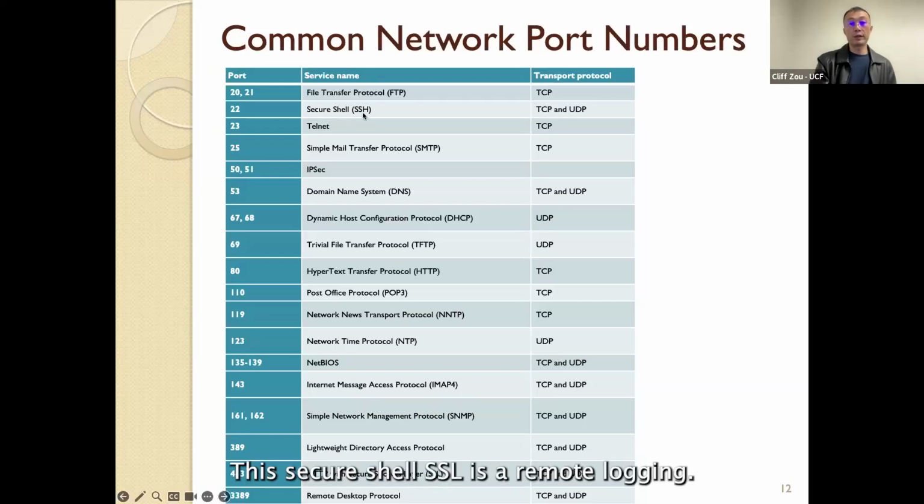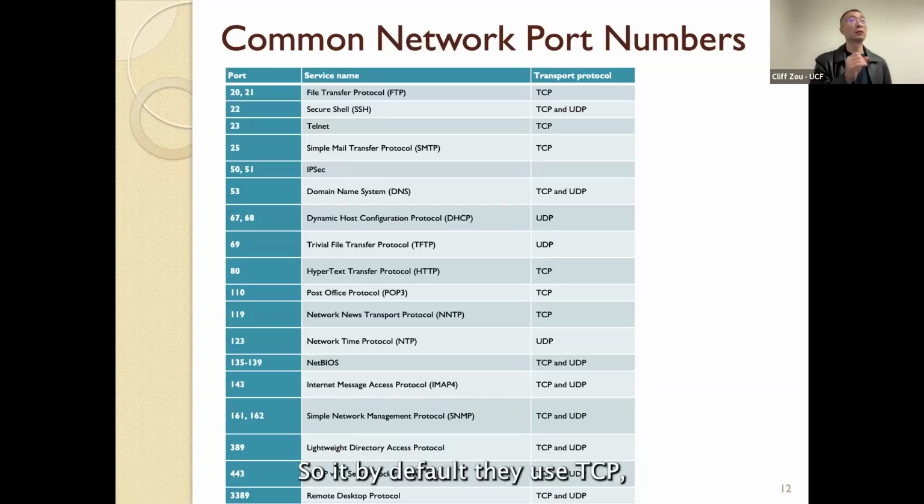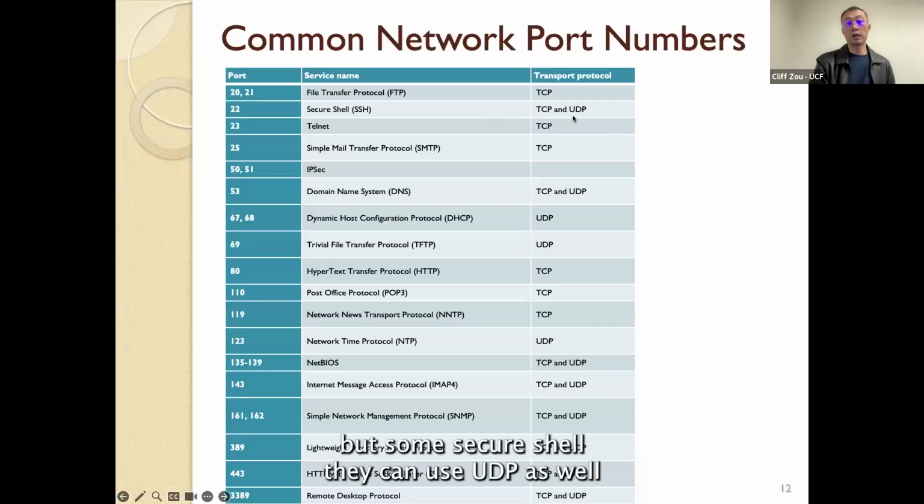Secure shell, SSH, is the remote login. The port number is 22. Normally it uses TCP, because for remote login you require 100% accuracy in your data transmission. So by default, they use TCP. But some secure shells can use UDP as well.